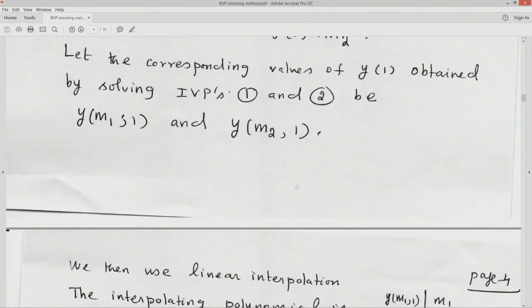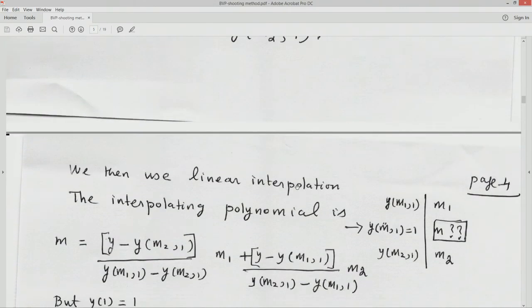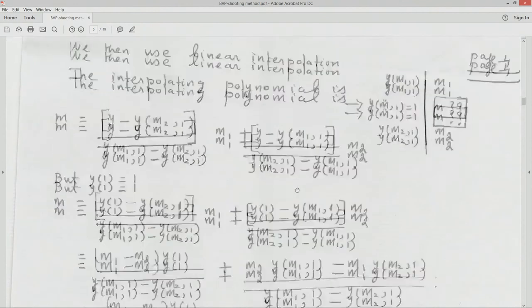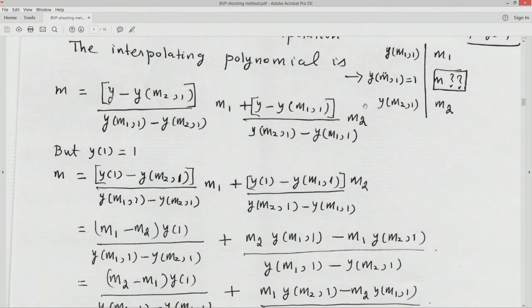So, we now use linear interpolation and write down the linear Lagrange interpolation polynomial. What is it that I want? Corresponding to m1, my solution is y of m1, 1. Corresponding to m2, my solution is y of m2, 1. What is it that I want?